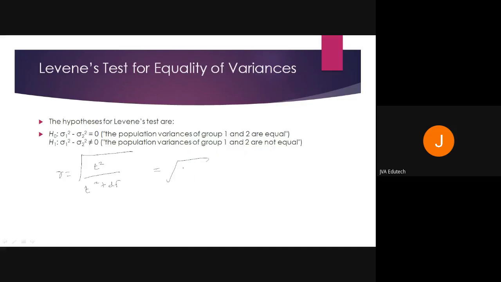So it's 15.05, let's round it off, 15.05 square upon 15.05 square plus degree of freedom, which was 315. Can anybody solve it for me? So it comes out to be, calculate.